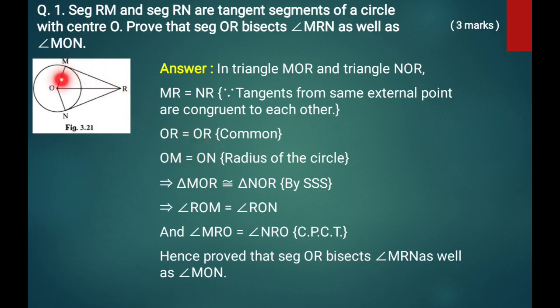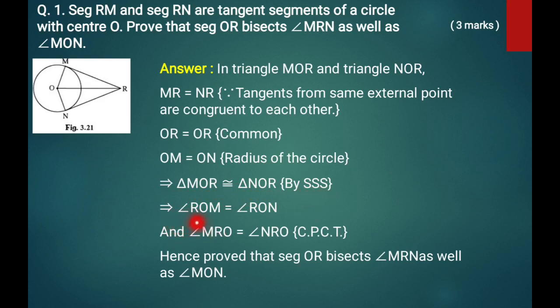Now next, this OR congruent with OR, that is common side of that triangle. Therefore we see third condition, this OM equals to ON, because this is the radius of this circle. So in these two triangles MOR and NOR, first MR equals to NR, second OR equals to OR, and third OM equals to ON. That implies triangle MOR congruent with triangle NOR by SSS test.